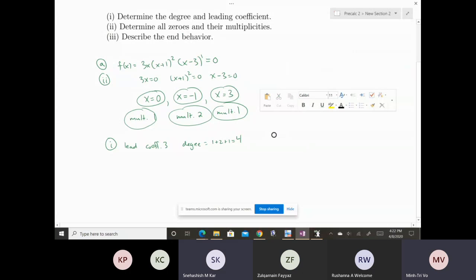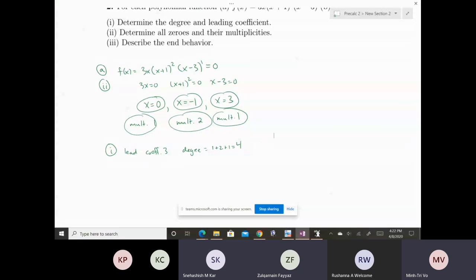You mean distribute it with 3x? Yeah, distribute everything, so FOIL everything. But x minus 3 wouldn't be foiled, right? Yes, you have to FOIL everything. Oh, okay. Even though it's to the 1, its power is only 1. Yeah. Okay.